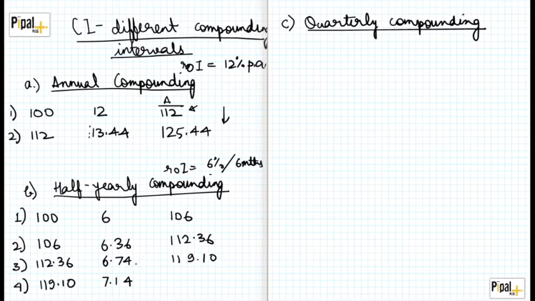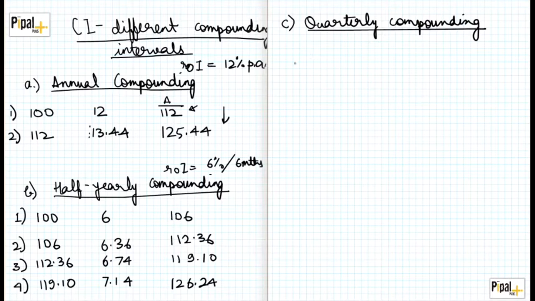When we add this to the principal for the fourth 6-month period, we get 126.24. So this is how the amounts continue to change. You notice that as soon as I've increased the frequency, the amount which is due at the end of 2 years increases.